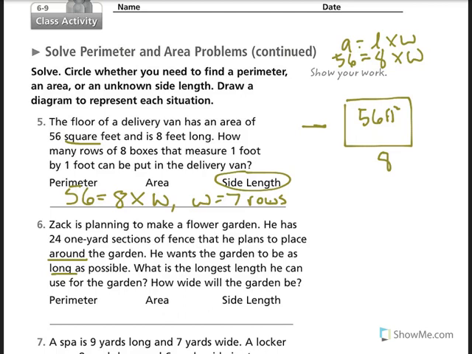So, this one's tricky. So we're looking for the side lengths, and we're looking for the longest possible garden. That'll have the perimeter equal 24 yards.